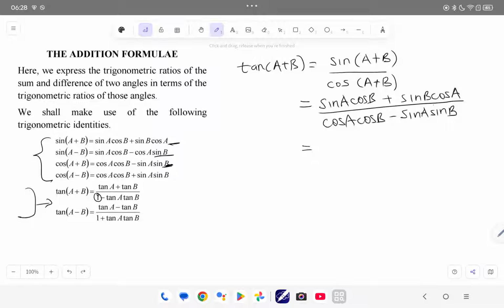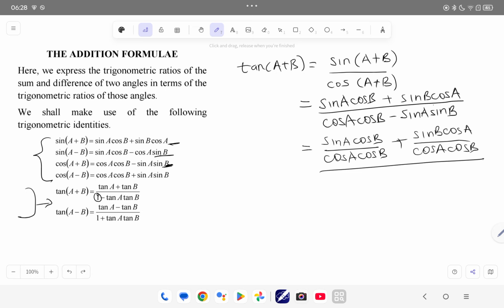So sin A cos B, we are dividing it by cos A cos B, plus, do the same thing here, sin B cos A divided by cos A cos B. Then down we have cos A cos B divided by cos A cos B minus sin A sin B divided by cos A cos B.